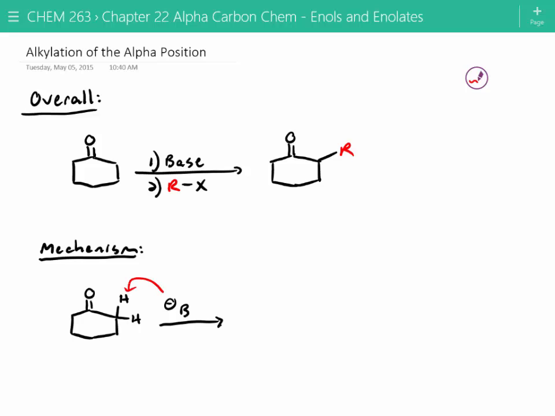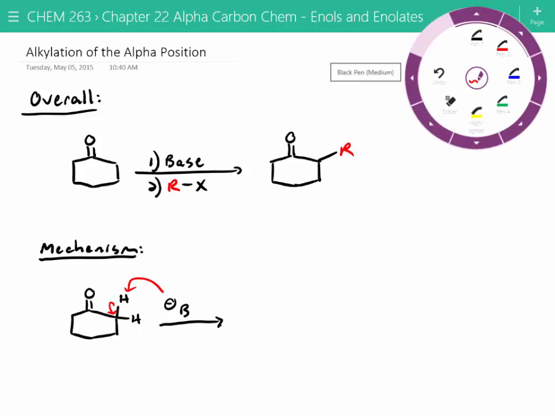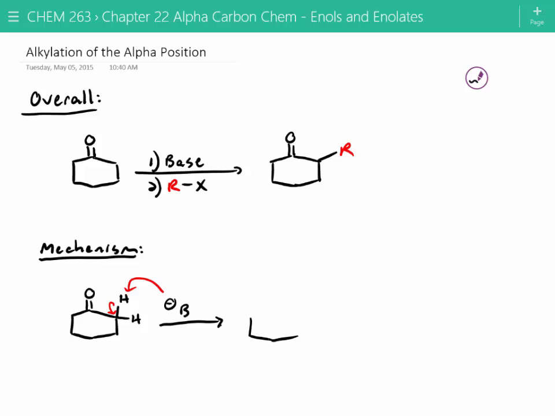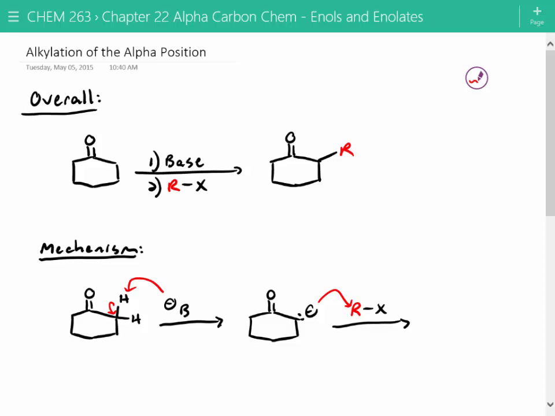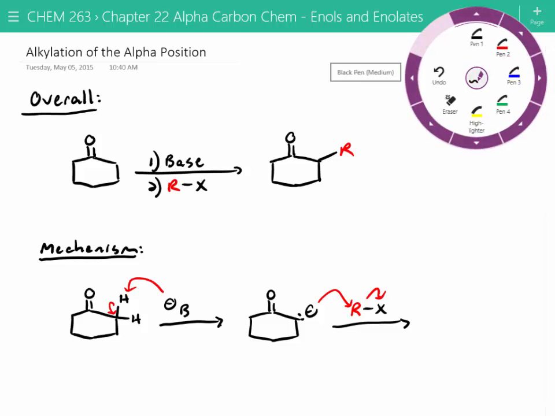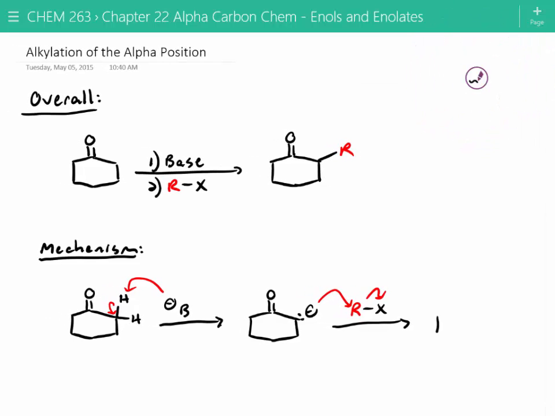This base can come grab an alpha proton, form your enolate. And then this enolate can attack your alkyl halide. Kick off your leaving group, and you get alpha alkylation.